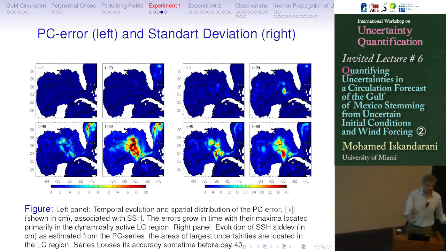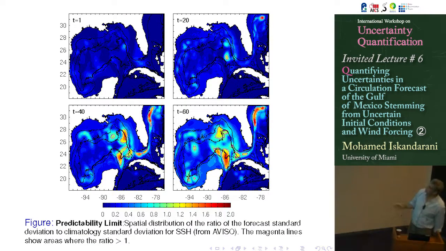That's one measure of predictability, one easy measure. And it looks like it starts peaking in the loop current regions around day 20, right? In other places, you still have predictability. And so we think that the predictability in the loop current system is about 3 to 4 weeks, essentially. You know, at day 40, the reliability of the surrogate and what you infer from it is in doubt.